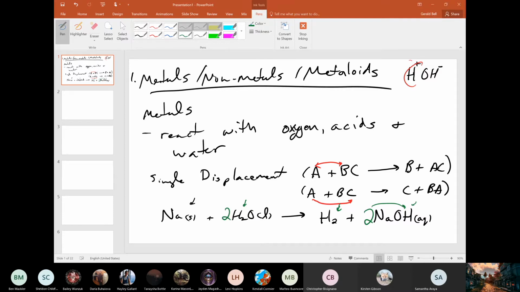That balances the hydrogens. The only other thing that isn't balanced would be the sodiums, and that would be sodium. So if you had to name this, you would have sodium metal. I was a little picky with the name there. You can call that water. You can call that hydrogen gas. And you can call that sodium hydroxide.